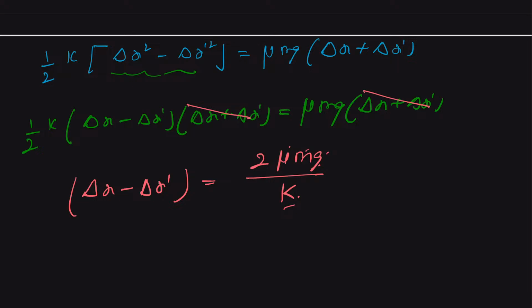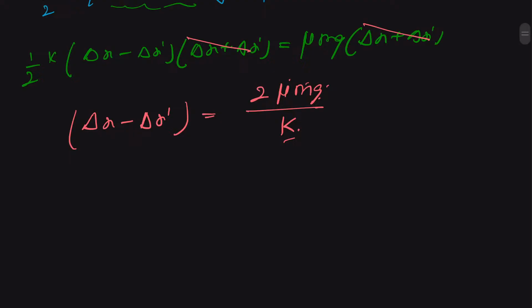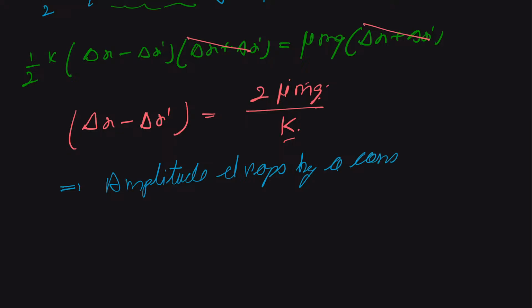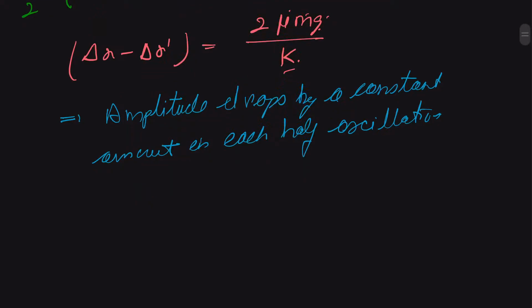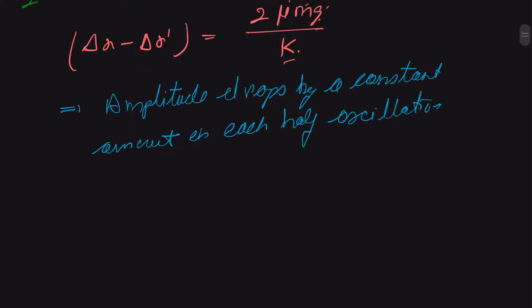So the amplitude drops by a constant amount in each half oscillation.